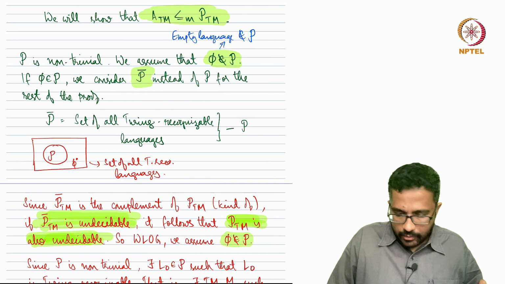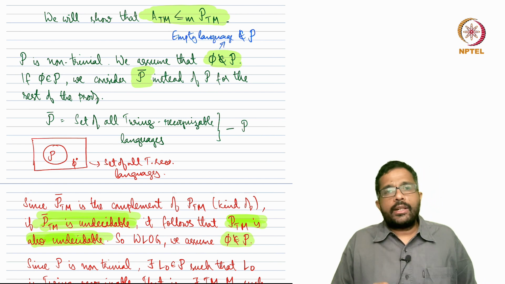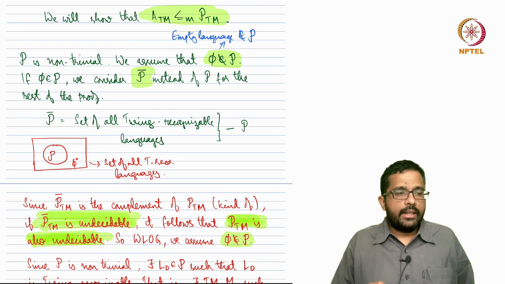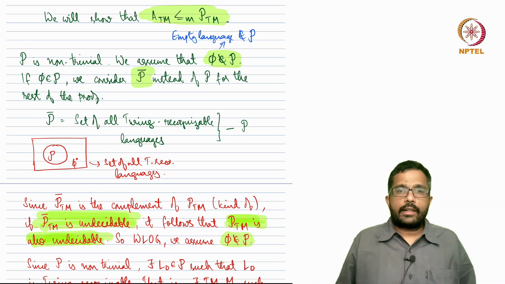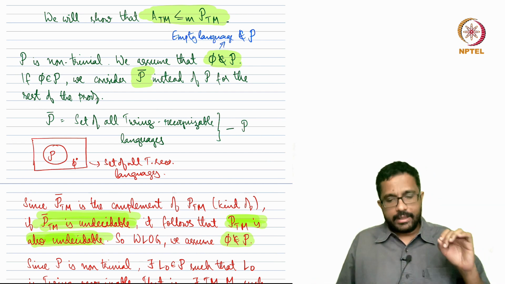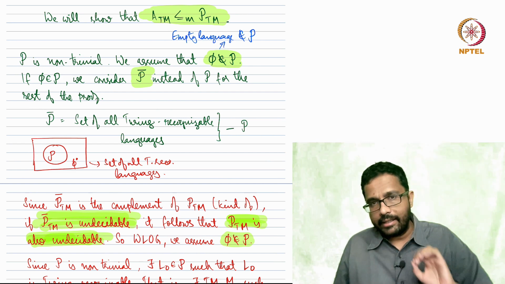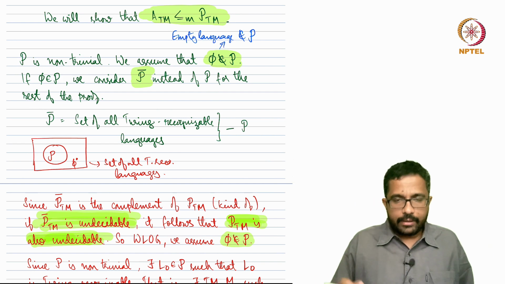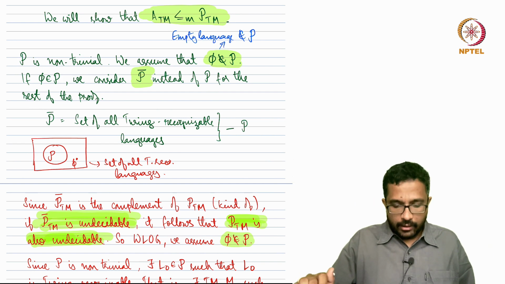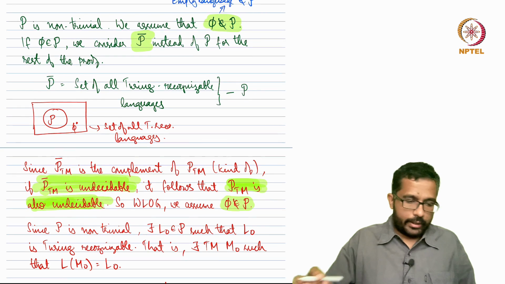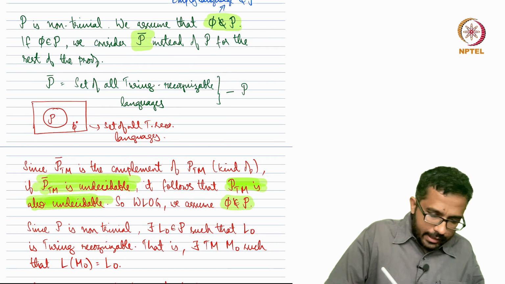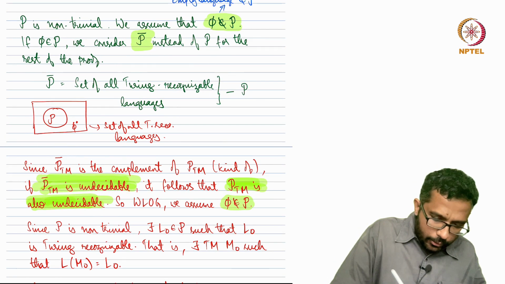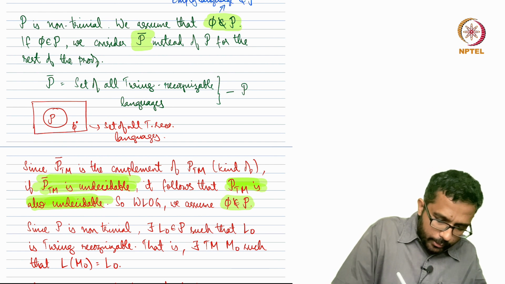Basically, we know that P is not the set of all Turing recognizable languages. We want something outside the property, so we pick that to be the empty language. We also want something in the property, so we are going to pick some language called, let's say, L0.